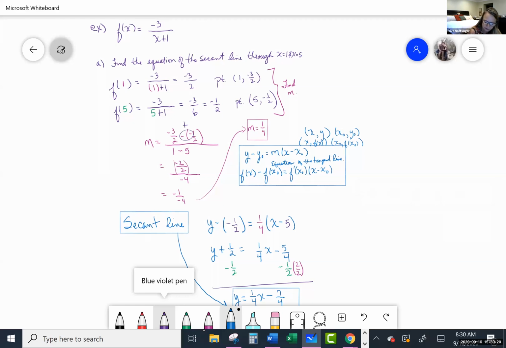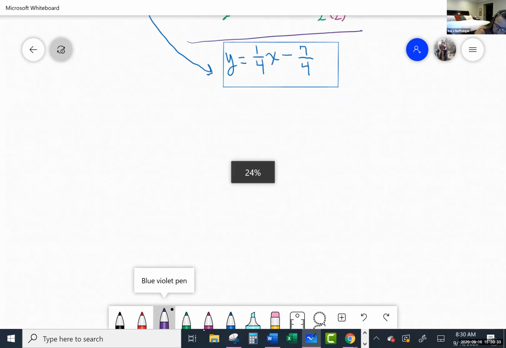Okay, so we're going to go to part B: the equation of the tangent line of f of x equals negative 3 all over x plus 1 at x equals 1.